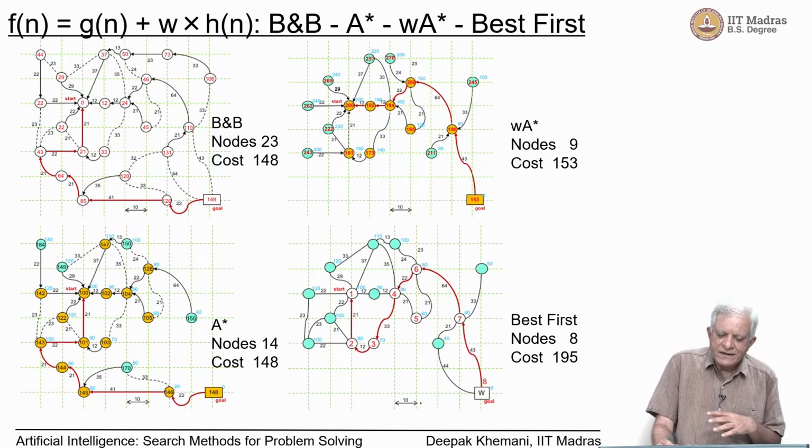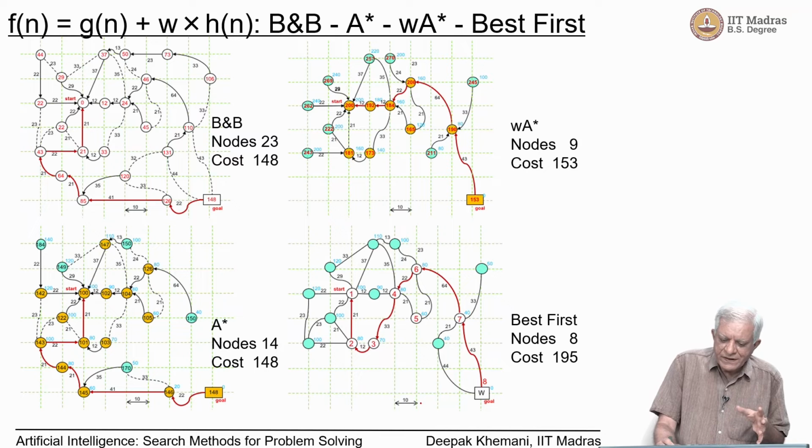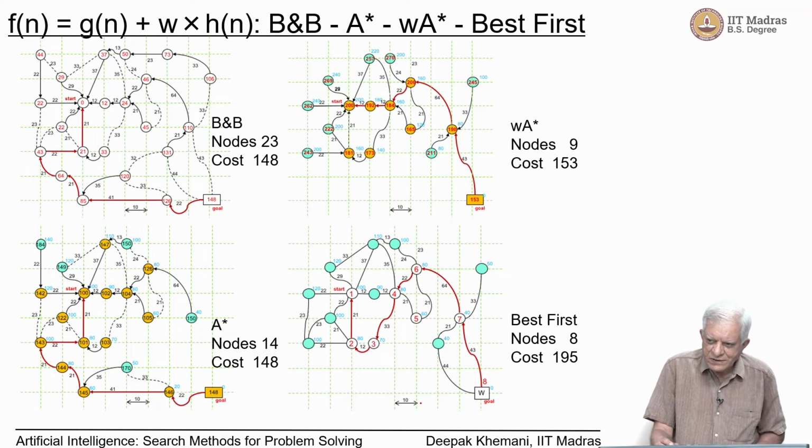So, you can see that as W increases, the amount of space that the algorithm explores becomes lesser and lesser, but at some point it crosses the bounds of admissibility and it may give you paths which are not optimal.